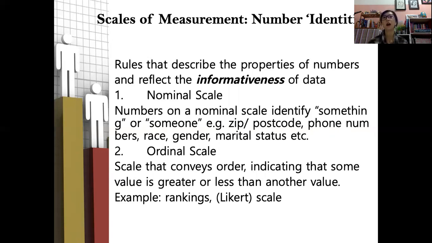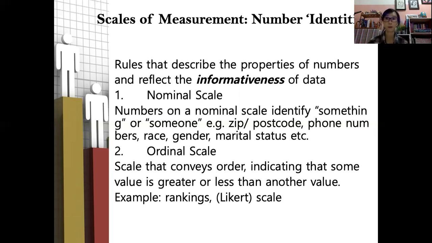But can we say that all numbers have the same meaning or the same identities? You might have percentage, frequency, decimal points, and different numerical scales. So these numerical data might have different identities.